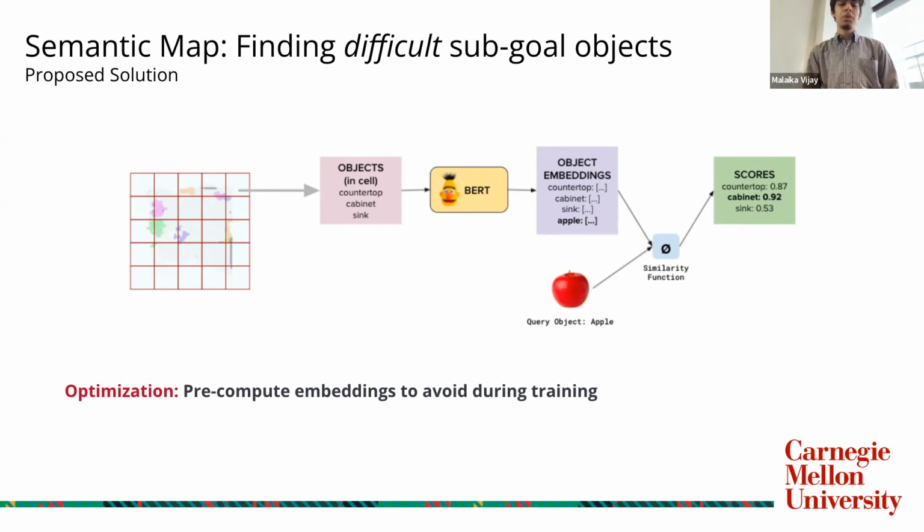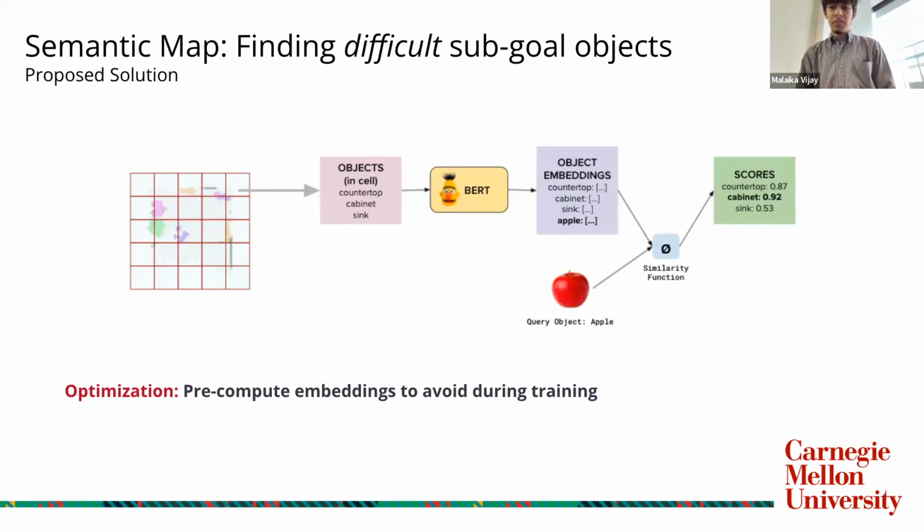So we pre-compute the BERT embeddings for the objects. We get the corresponding embeddings which are present in the search space. We also have a query object, which in our case is the apple. We again do a lookup with our object embedding lookup table, get embeddings for each of these, pass them through a similarity score function, and get scores.